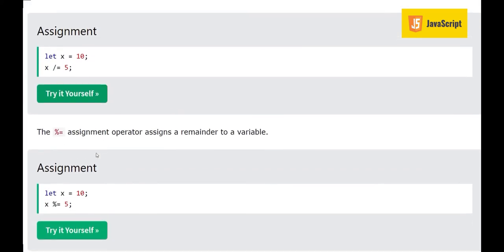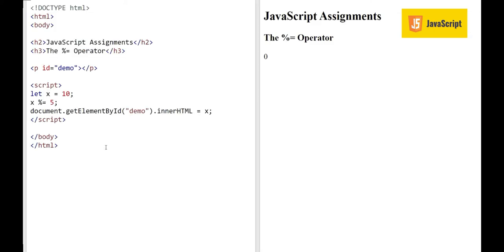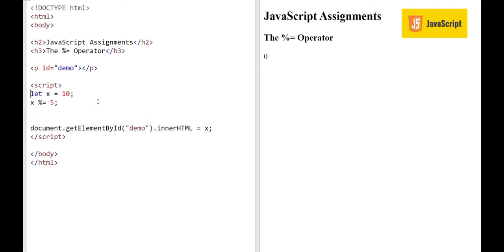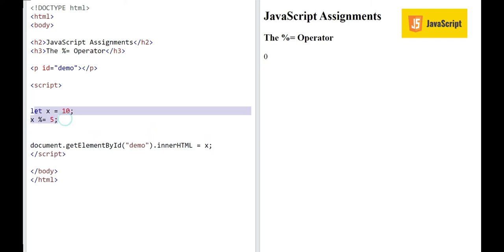And the last example we have is the assignment operator which shows the remainder. Let's look at this example. See here, let x = 10, then x %= 5. It means when we divide 10 by 5, the answer should be the remainder.